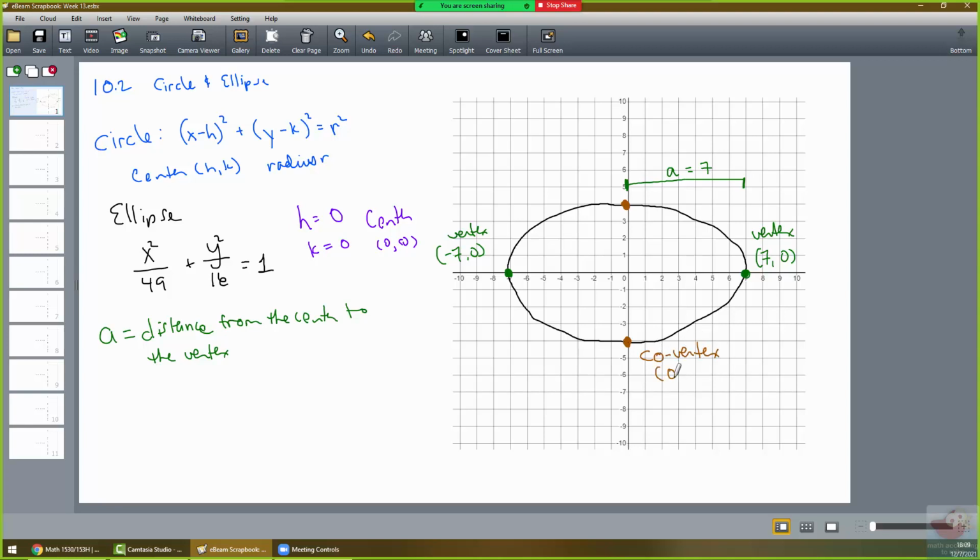So notice we have a covertex at (0, -4) and a covertex at (0, 4). And we define the letter b to be the distance from the center to the covertex.